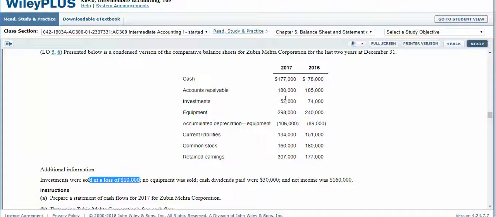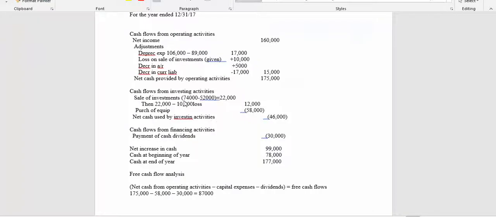So did we get 22,000 in cash? Well, no, we couldn't have. We got rid of 22,000 in assets, but we got rid of them at a loss, a $10,000 loss. So that means we must have only got 12,000 in cash. We didn't sell them for the book value of 22.